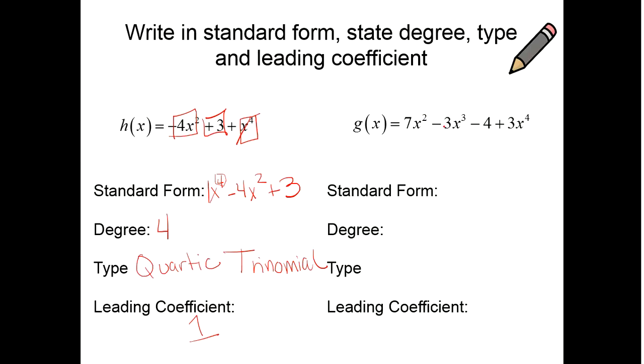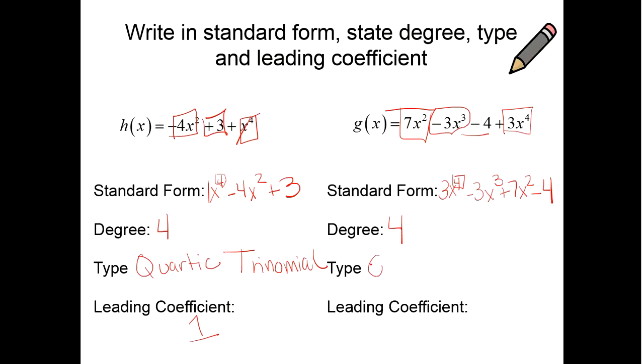So my standard form of this guy looks like I have 3x to the 4th first, shortly followed by a negative 3x cubed, followed by 7x squared, and bringing up the rear, I have a negative 4. This is a degree of 4, because that is my highest exponent, notice.